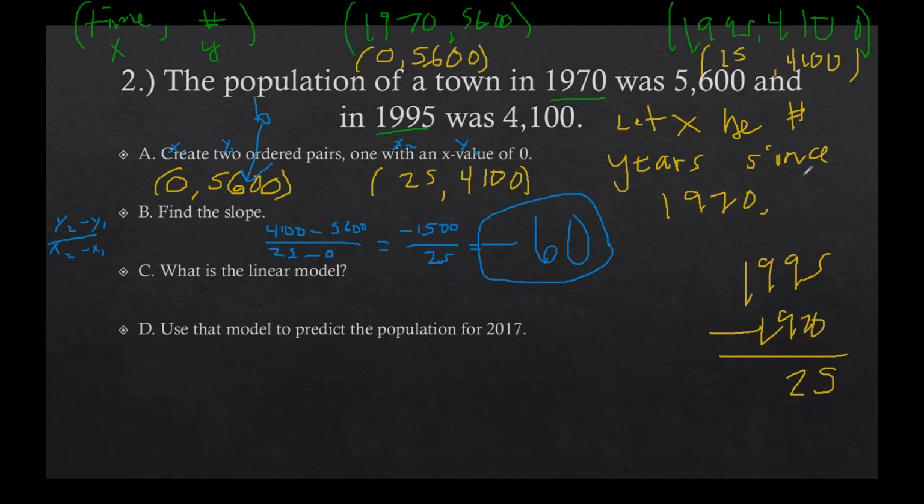All right, so if I have a slope and I have a y-intercept, which I do, I can now write my linear model. Can any of you give me a linear model for this problem?